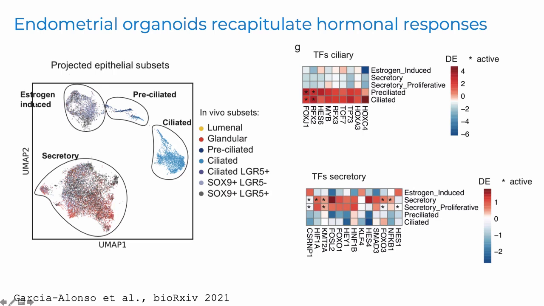And we can nicely see that upon estrogen, we have the SOX9 populations. And then when we put the progesterone, we have the ciliated lineage popping up and these preciliated populations that we identify. And then we have the secretory, and in the secretory lineage, we have some SOX9 that are becoming differentiated into the secretory one.